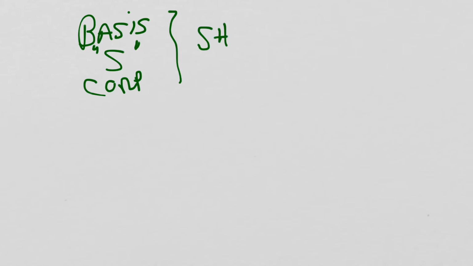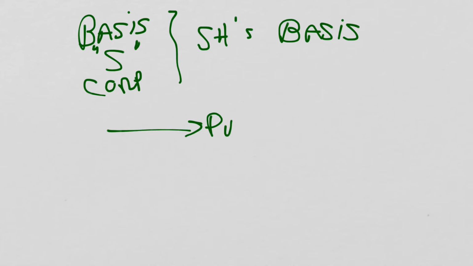So if you have to have basis, we need to learn what basis is. So here's how basis is calculated in an S corporation, for the shareholder. Shareholder's basis. It's pretty easy. It's first what you put in. That's a plus. That adds to basis.